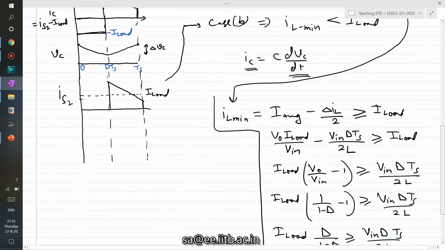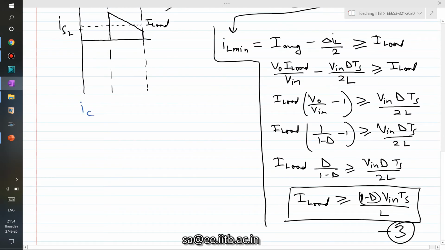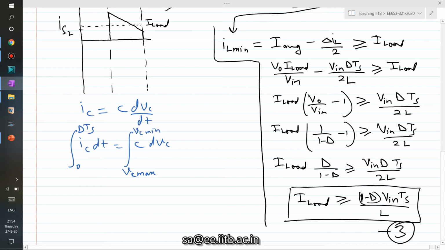And therefore we can write IC equal to C dVc by dt. I can take dt here, integrate, let time go from 0 to DTS. And what is voltage at 0? Voltage is max, so Vc max to Vc min.